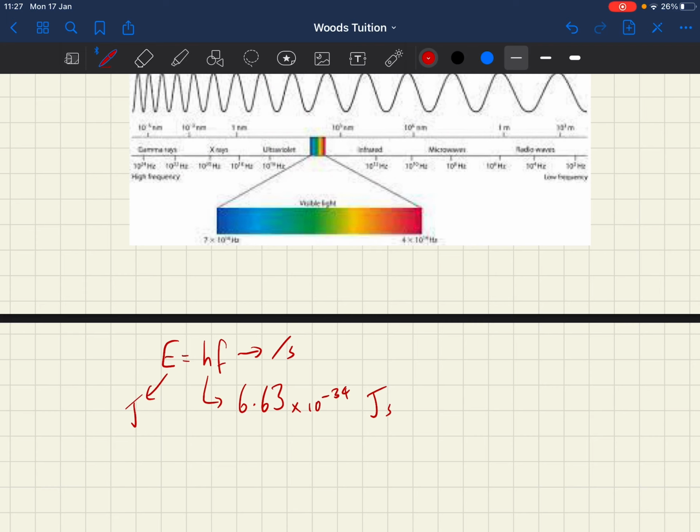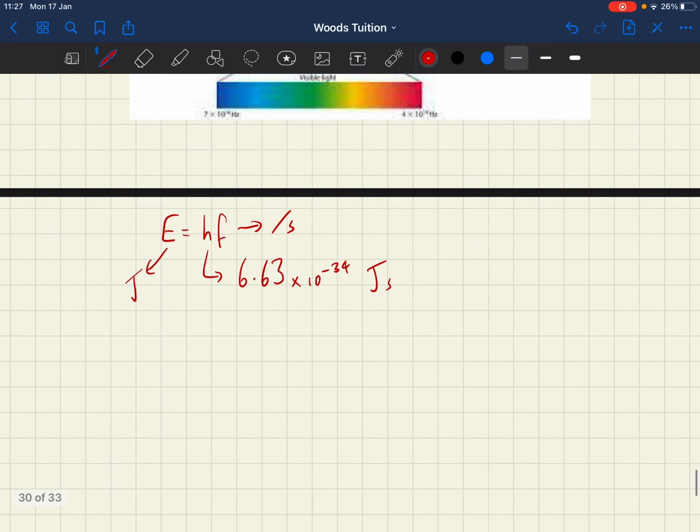So if we have a metal, and all metals contain particles which have electrons, and all metals also have a work function which is given the symbol phi.